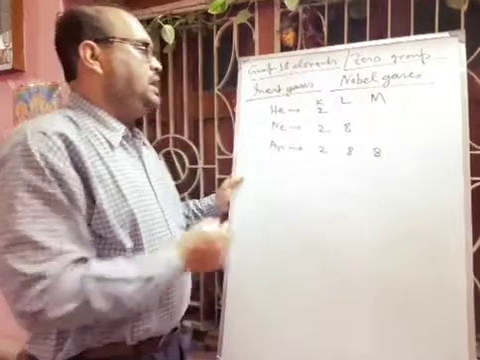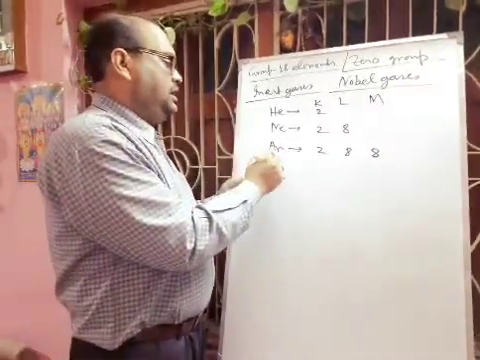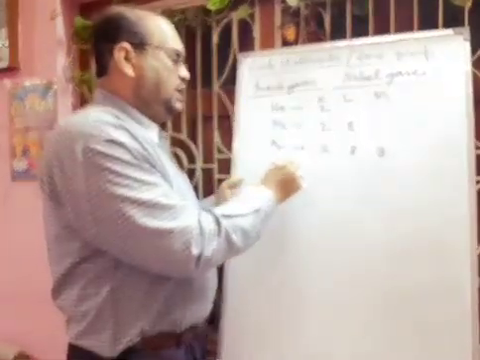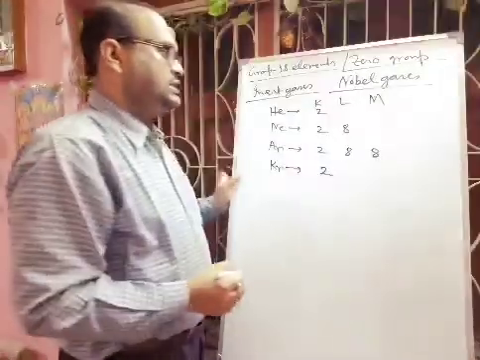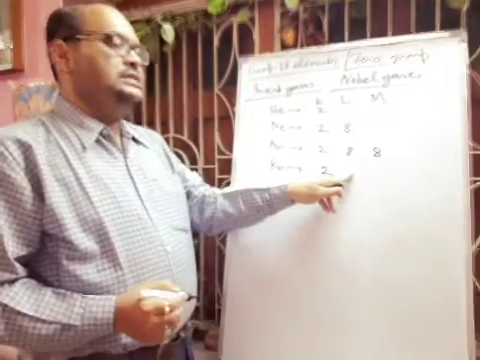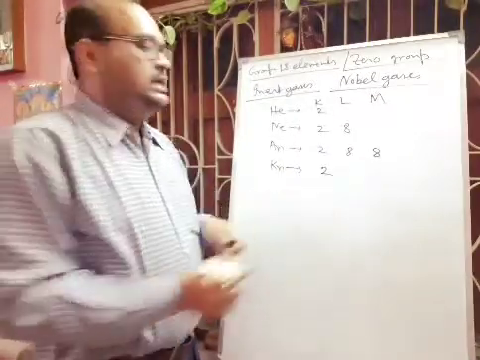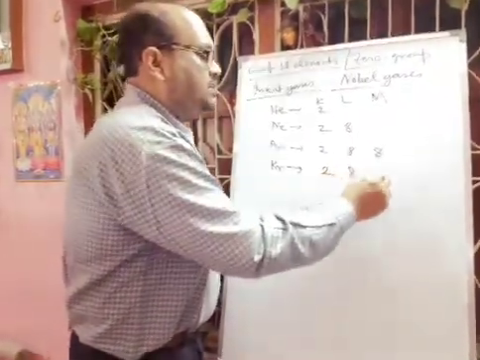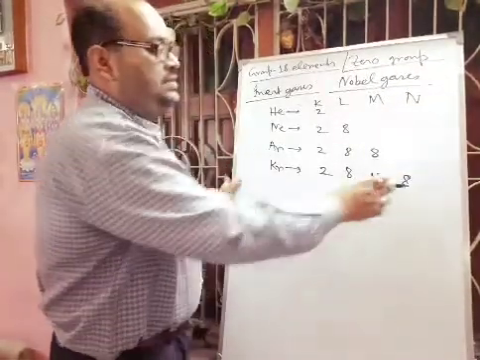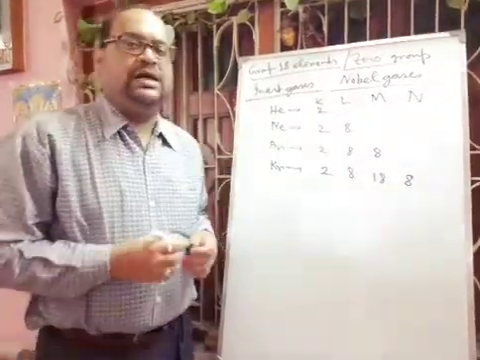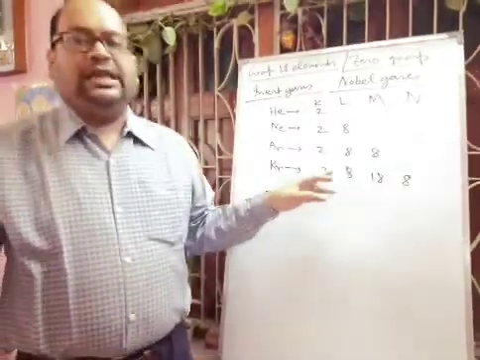Then after argon there is krypton. In krypton there will be 2 electrons in the K shell, 8 in the L shell, 18 in the M shell, and then the N shell. So what we observe is that the outermost shell contains 8 electrons.